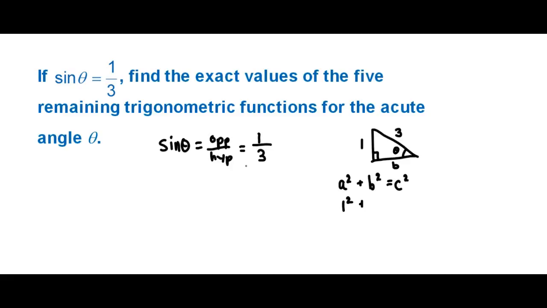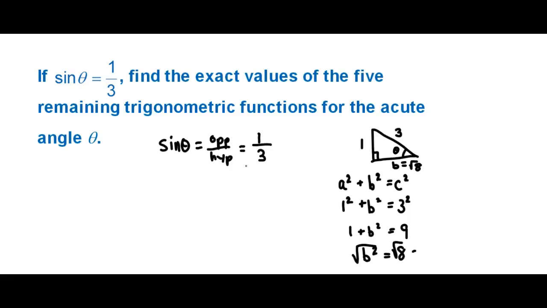So 1 squared plus b squared equals 3 squared. So 1 plus b squared equals 9, or b squared equals 8. If I take the square root of both sides, I get that my side b is the square root of 8.